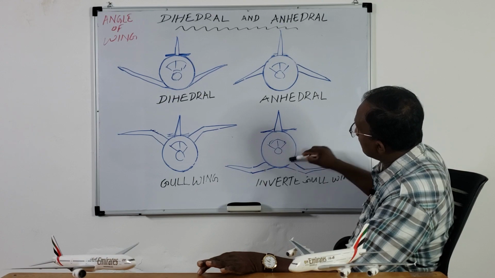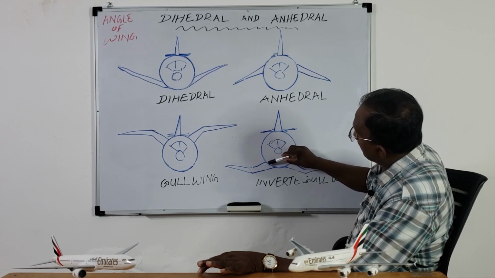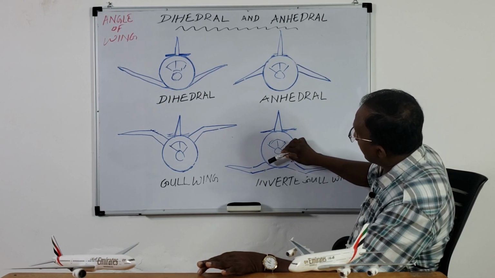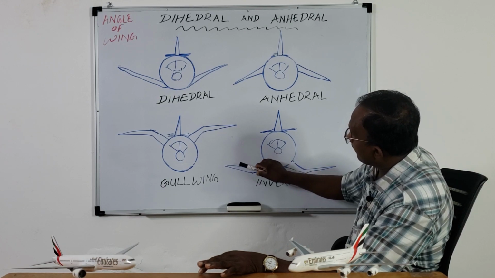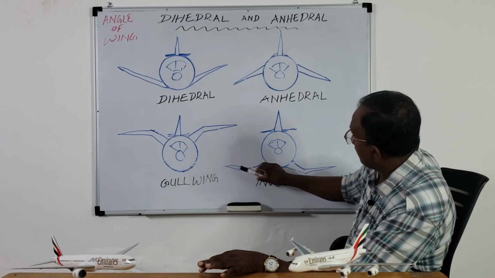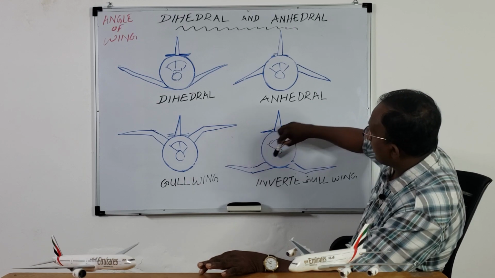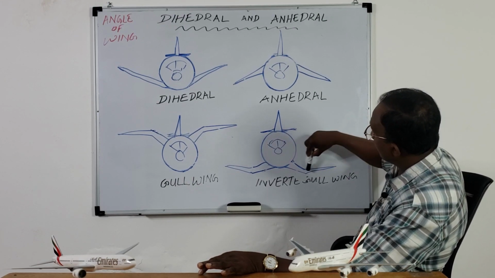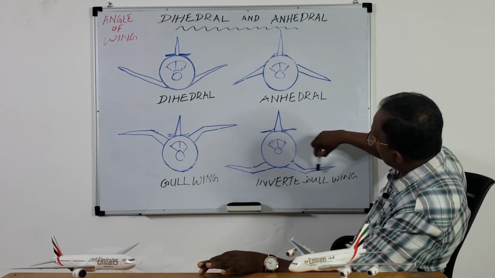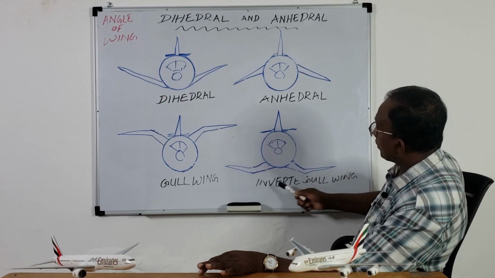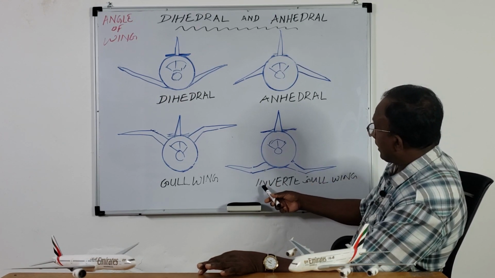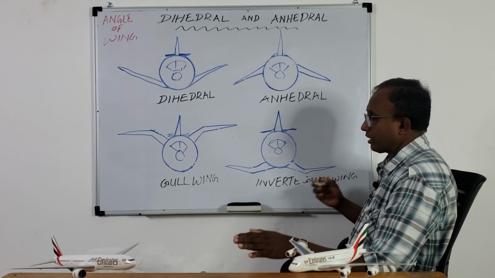This is a fuselage. The wing root is anhedral and then dihedral. Okay, this is just like a W, right? This type of aircraft wings are called inverted gull wing.